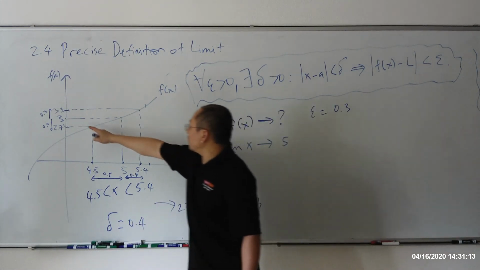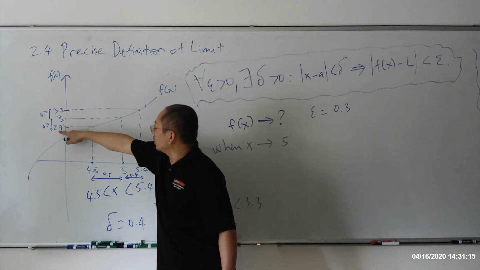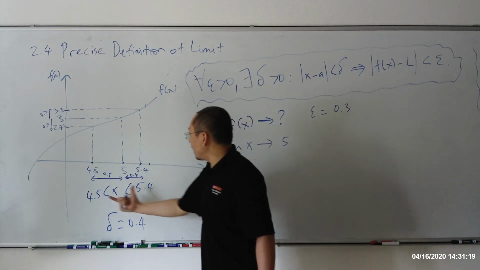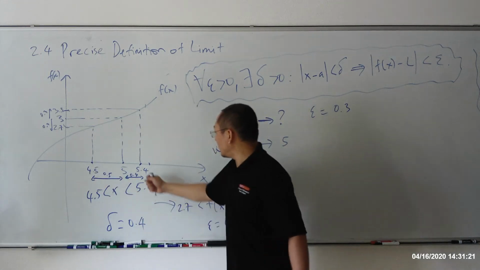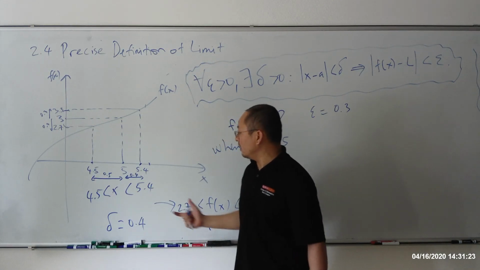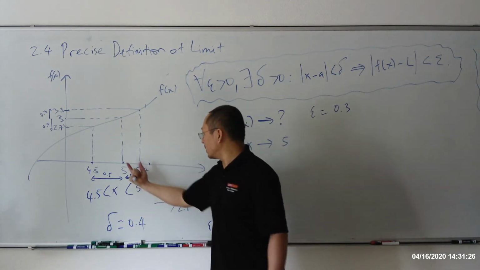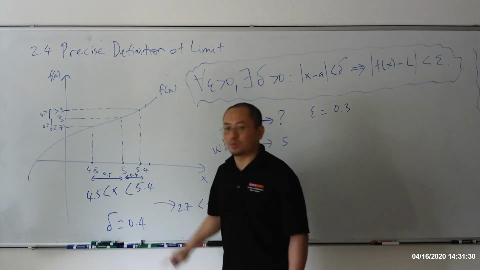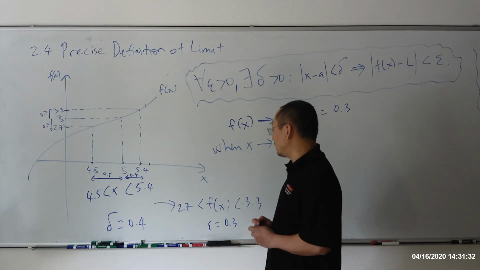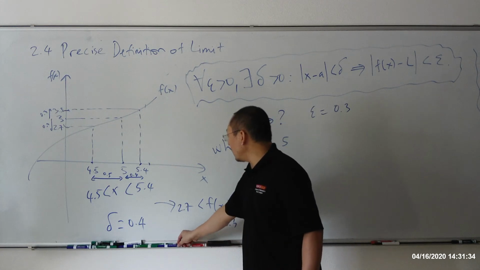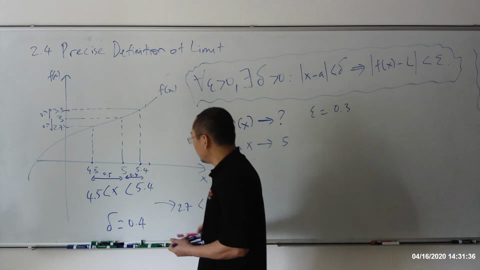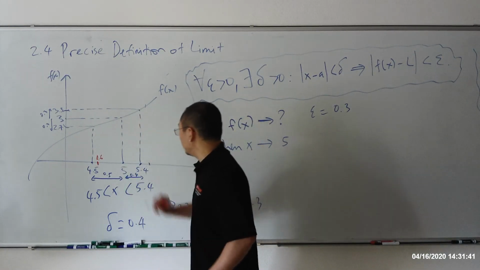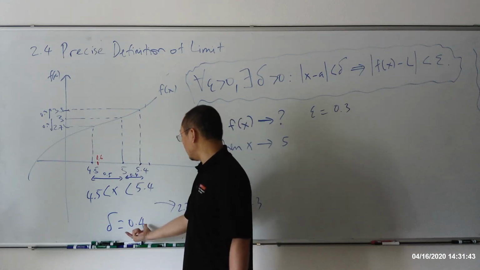So given epsilon, from 2.7 to 3.3, means epsilon is 0.3. We calculate the lower bound for x and the upper bound for x, and then we choose the smaller distance to the value of x. So this is 0.5, this is 0.4. We better choose 0.4. Because when I choose delta equal to 0.4, the actual interval for x is going to be from 4.6 up to 5.4, because we only choose the smaller one.